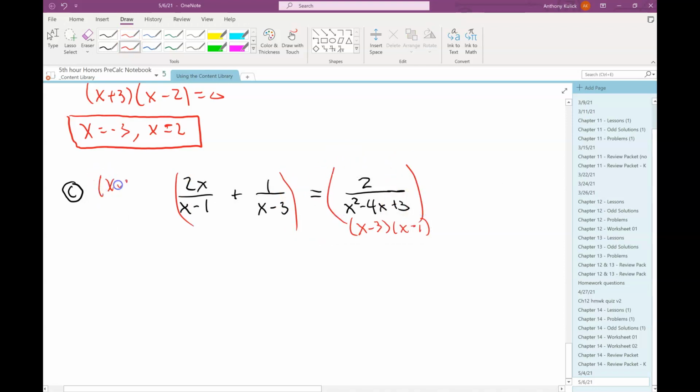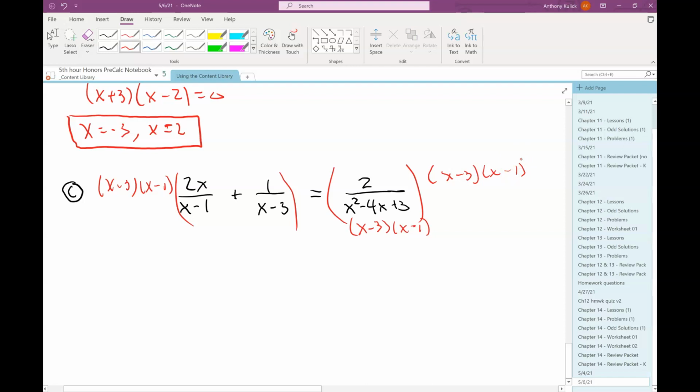I want to emphasize here that it is really important that you're using the least common denominator. Although it's fine to use any common denominator, you can make the problem a lot harder than it needs to be if you don't use the least common denominator.